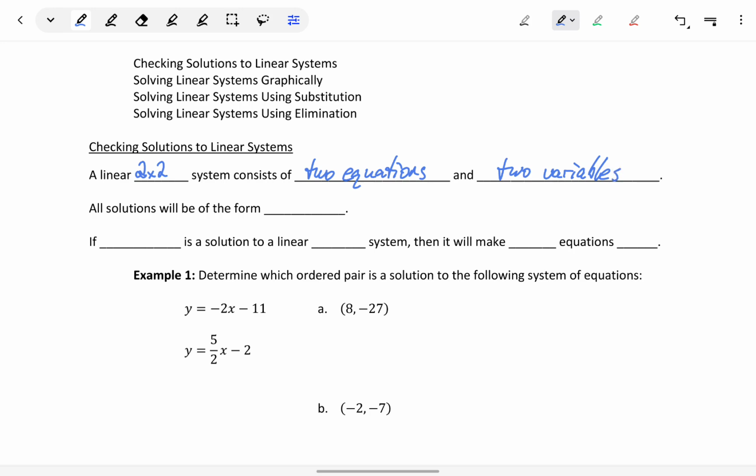All solutions will be of the form (x, y), meaning our solutions will be a coordinate pair. If a particular coordinate pair, x comma y, is a solution to that linear 2x2 system, then it will make both equations true.